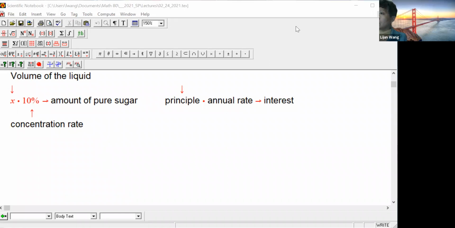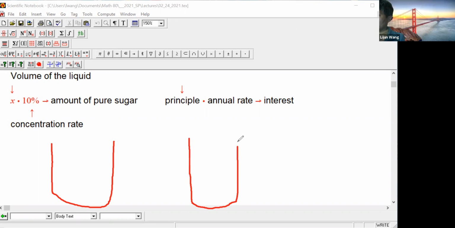So now we're going to draw the container. I'm just going to draw one container, another container, and another container.